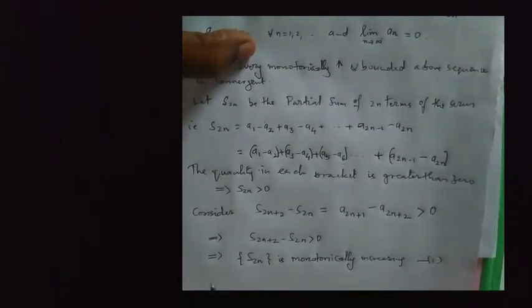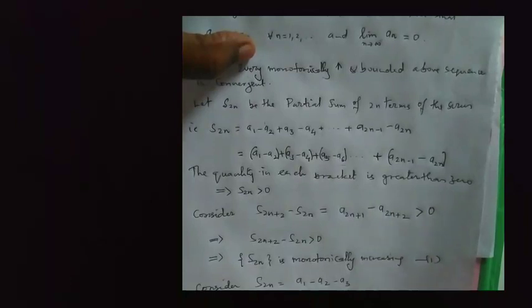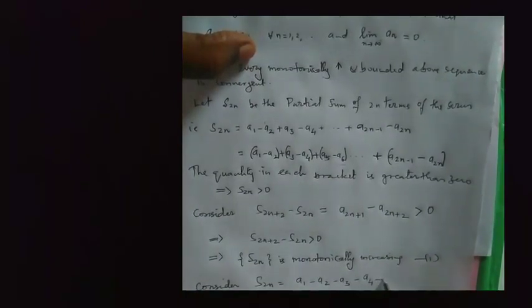And again, consider S of 2n in the pattern a1 minus a2 minus a3 minus a4 minus a5 and so on minus a2n. If I take the negative here like this, what is the value of S of 2n?